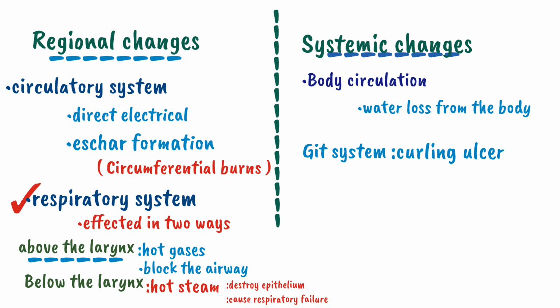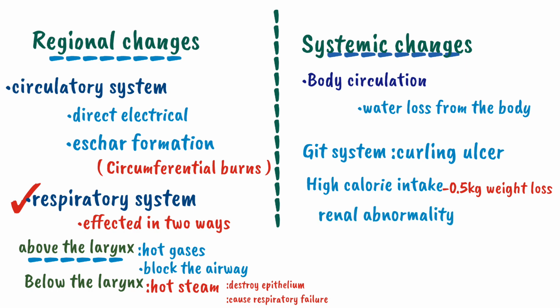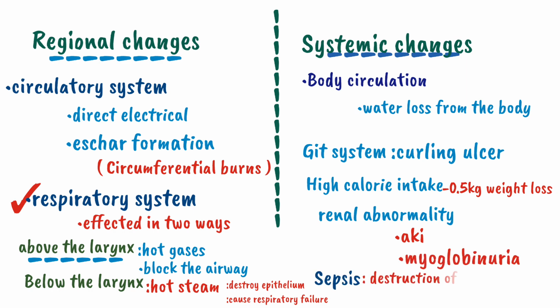Apart from that, there will be a high calorie requirement in burns, and the patient will have a weight loss of about 0.5 kg. Other than these, the patient can also develop renal problems such as acute renal failure due to hypovolemia or myoglobinuria, and sepsis due to the destruction of the epidermal layer. So the patient is more prone to infection.